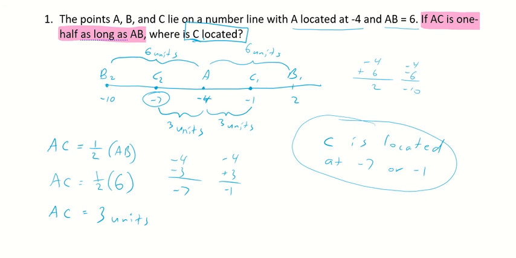And if you want to check your answer at the end here, if AC is 1/2 as long as AB, that would mean 3 units from A to C and then 3 more units to B. Or 3 units from A to C2 and 3 more units to B2 from C. And that does check out. We are exactly halfway between A and B.